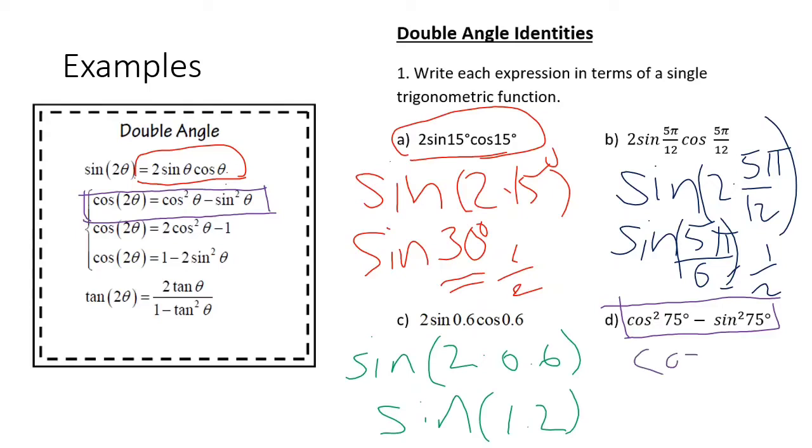That's going to be cosine 2 times 75 degrees. 2 times 75 is 150, so I'm really finding cosine of 150. And if you take a look at your unit circle, 150 is going to give you a cosine of negative root 3 over 2.